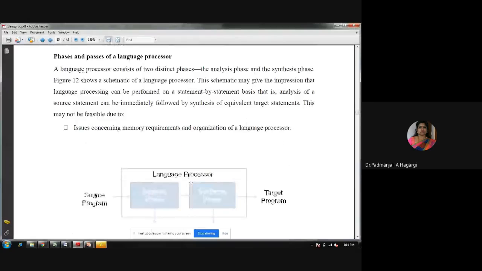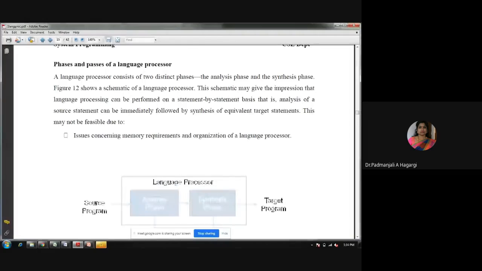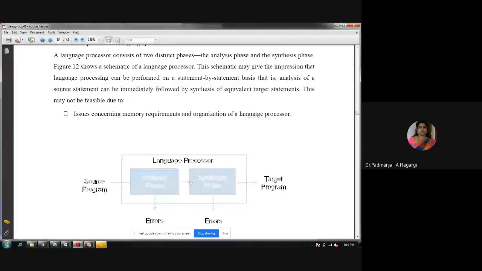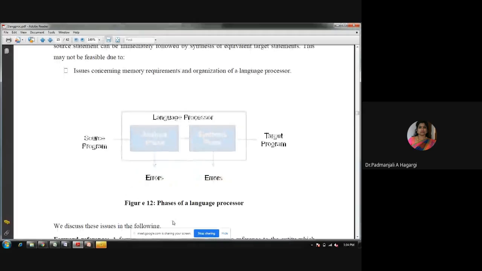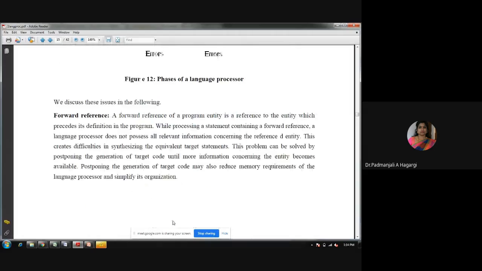The phases and the passes of the language processor: the source program is processed into the analysis phase and the synthesis phase. The synthesis phase generates the target program. The analysis phase deals with all three types: lexical, syntactical, and semantical. And forward reference is a reference to a program entity.